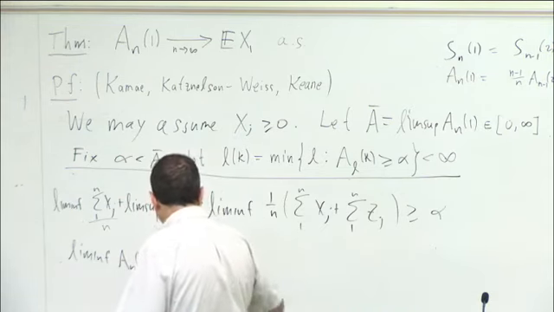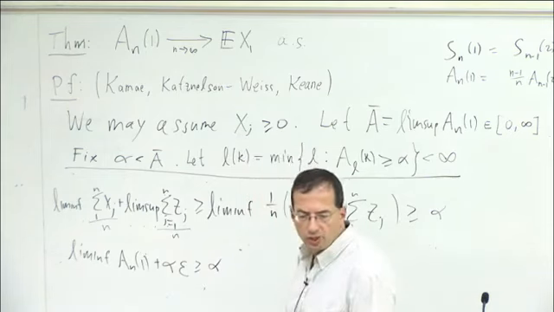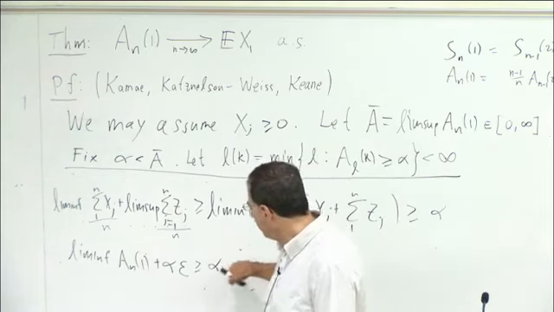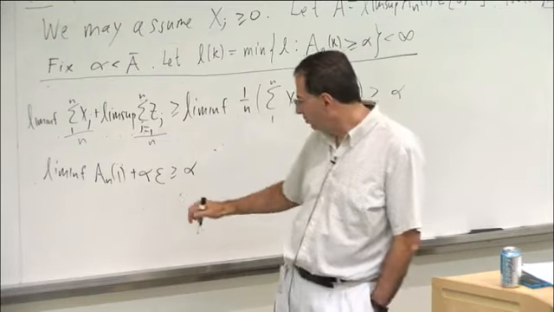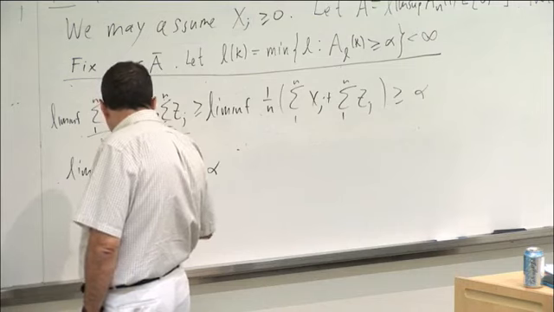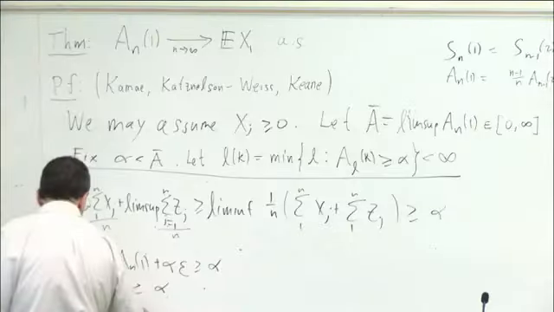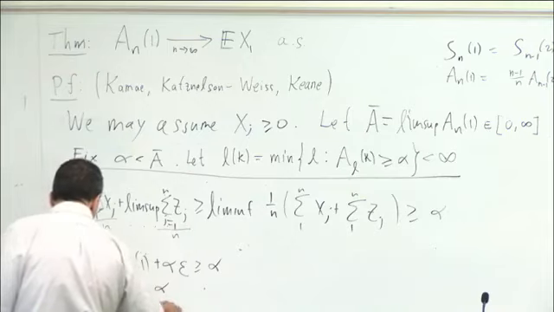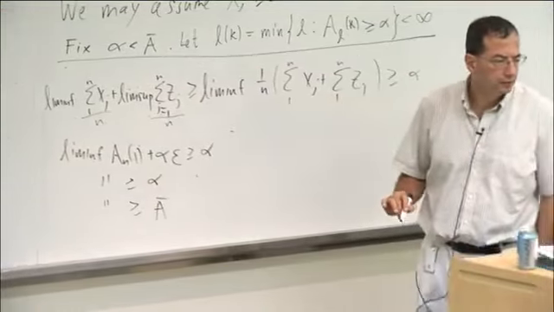This is greater than alpha. And so we're in the same situation we wanted before. We move alpha epsilon to the other side. And so we get that this lim inf is in fact greater than alpha. So it follows that this lim inf is in fact greater than a bar. So it's equal to a bar. And we have the convergence.